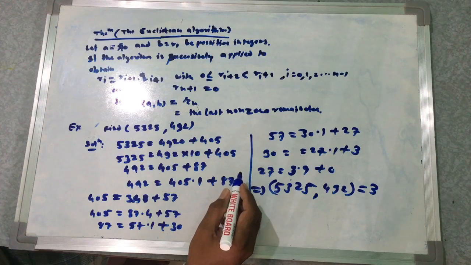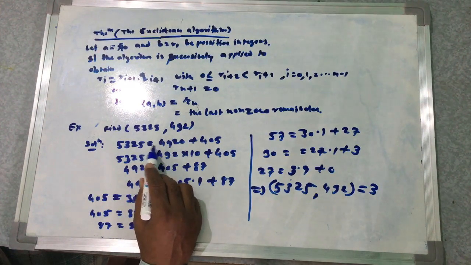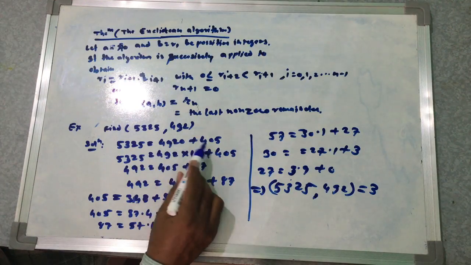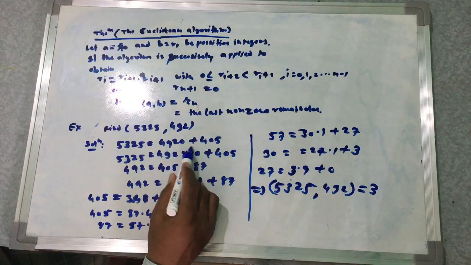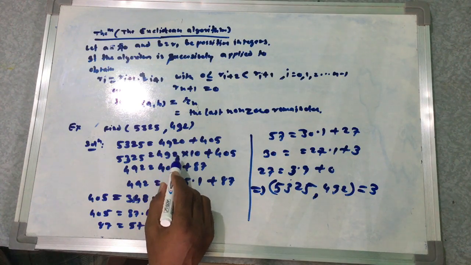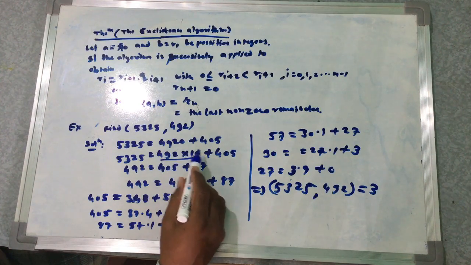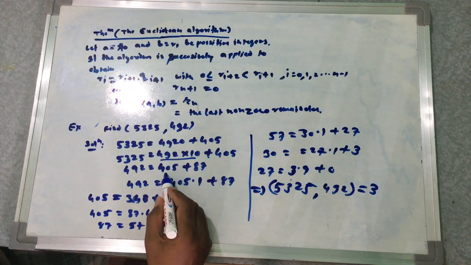Alright, here this result is nothing but the addition of these two. 5325 is 492 into 10 plus 405.